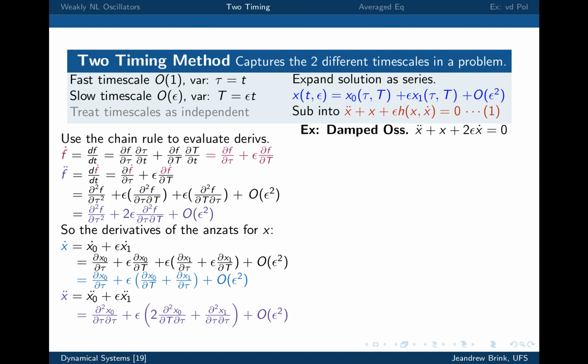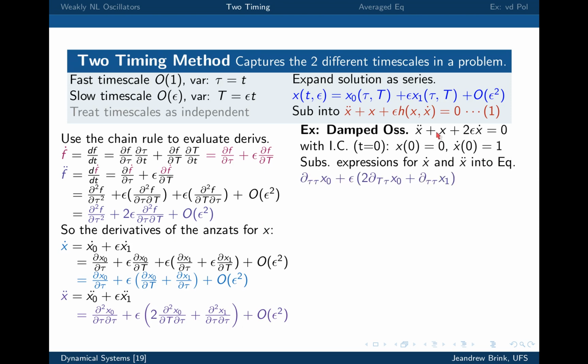So there we have a very simple H effectively. The initial conditions at time t equals 0 are simply x equals 0, and the derivative of x at 0 is equal to 1. And we're going to substitute the expressions for x dot and x double dot into this equation.